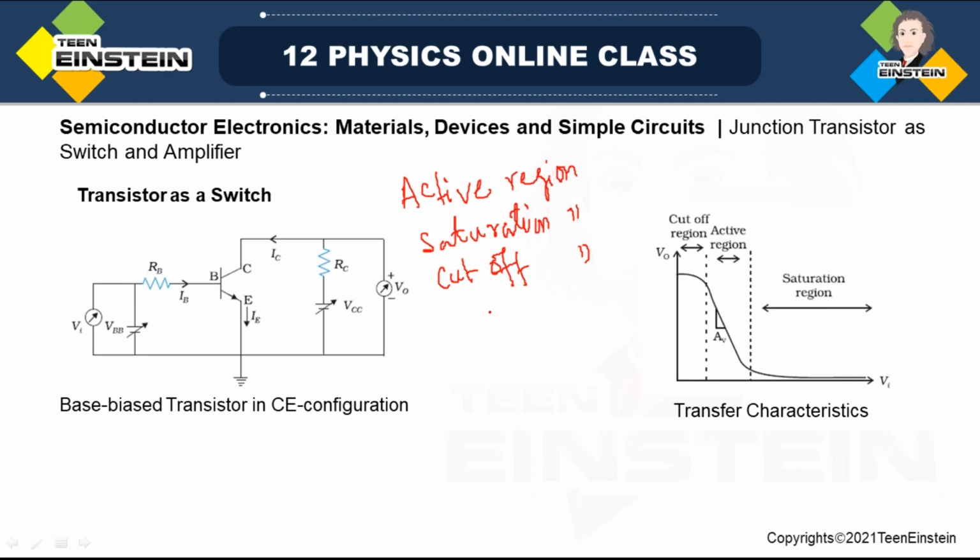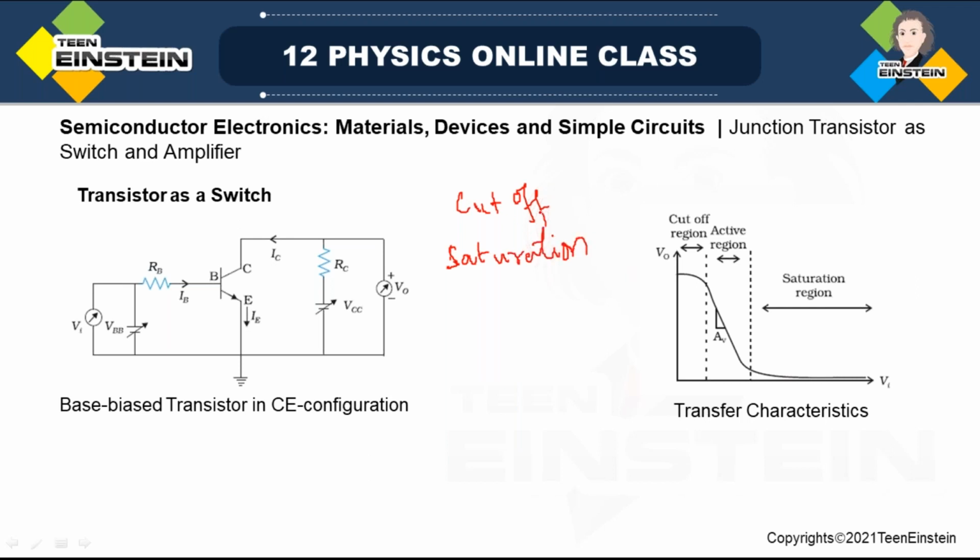Let me tell you first, if you want to use a transistor as a switch, the transistor has to be always acting either in the cutoff region or in the saturation region. So these are two regions within which the action of the transistor has to be confined.